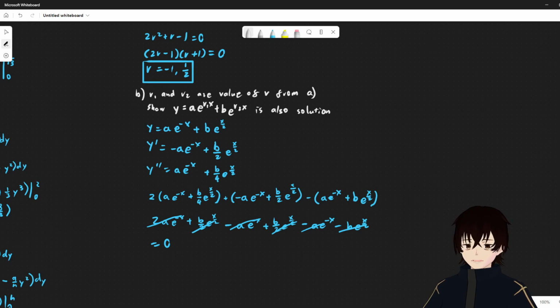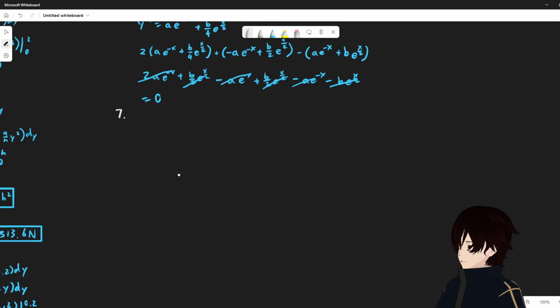Now, number 7. Oh my god, we got more multi-part problems. A says y prime equals negative y squared.